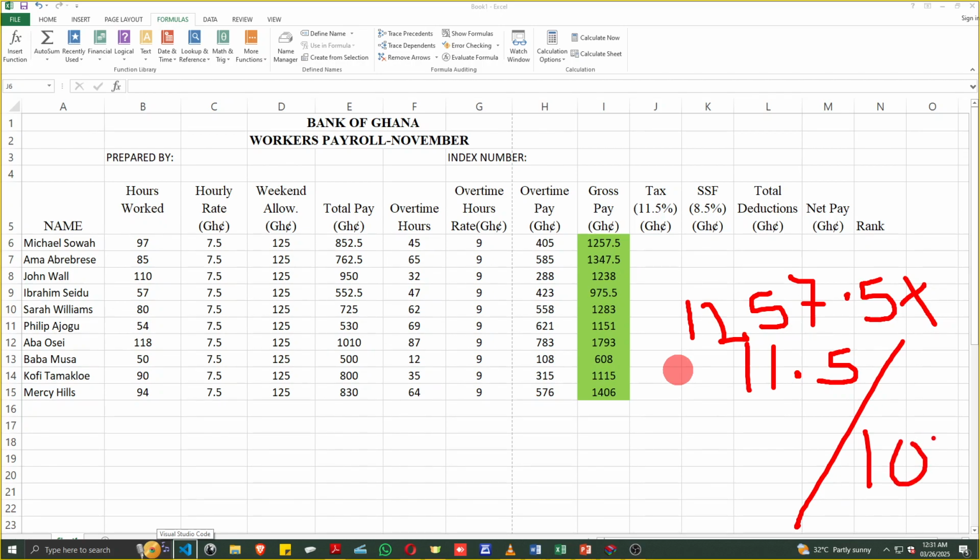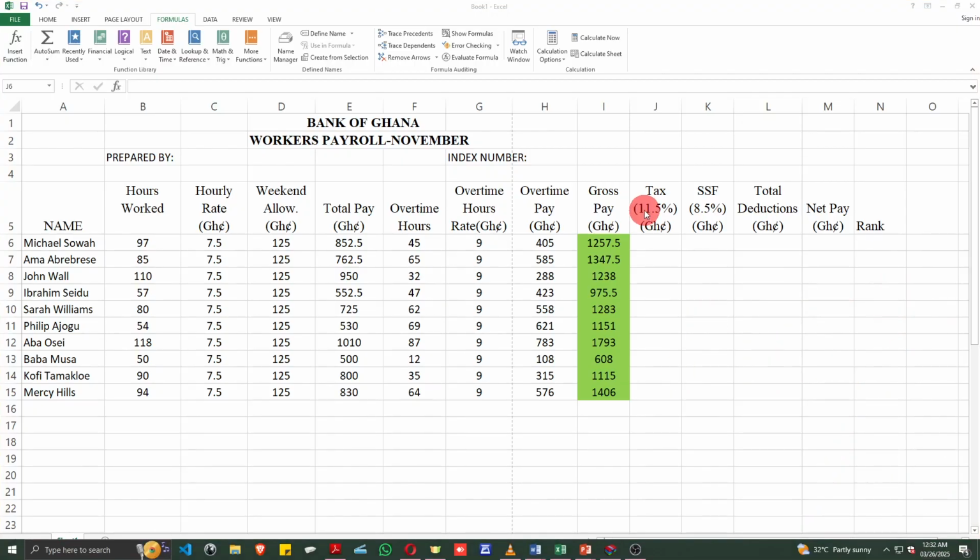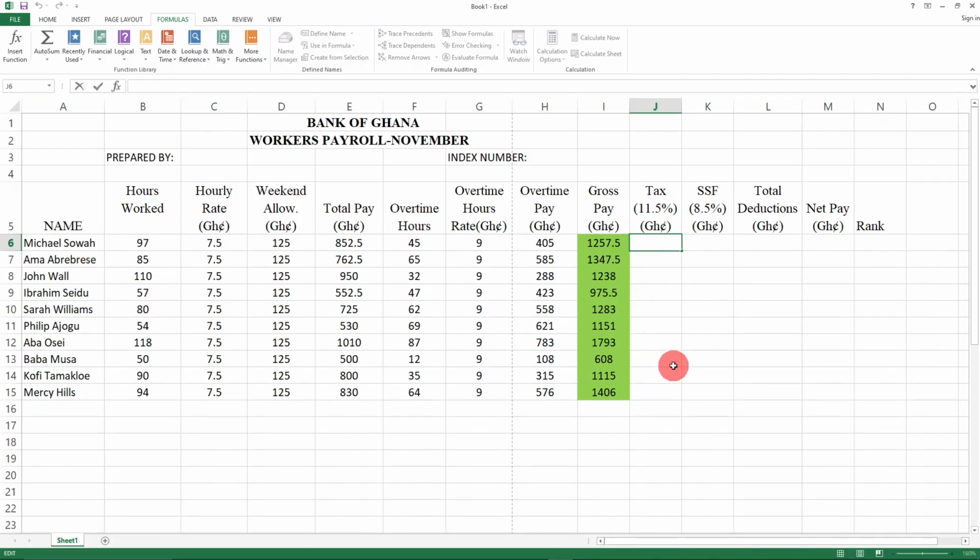You know, percentage is 100. So this is what we are going to type: 1257.5 times 11.5%, divided by 100. So let me type it here.